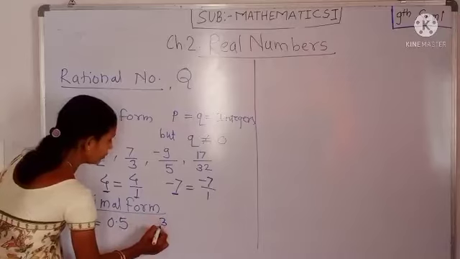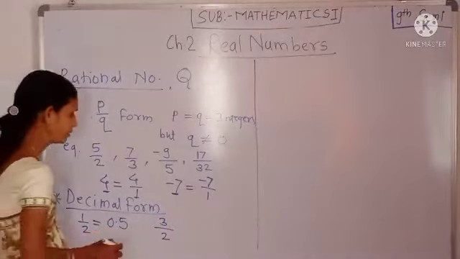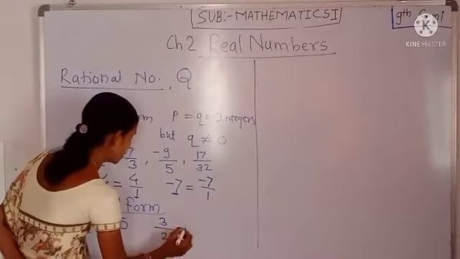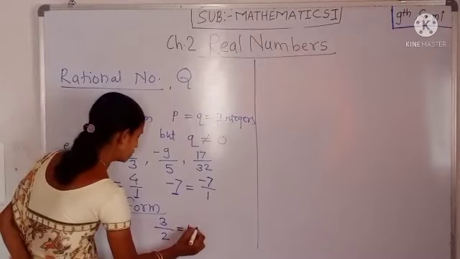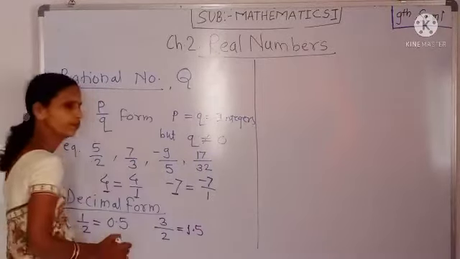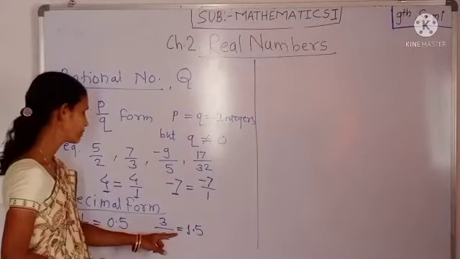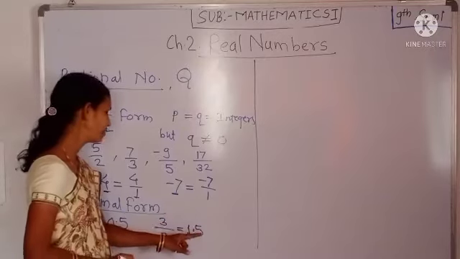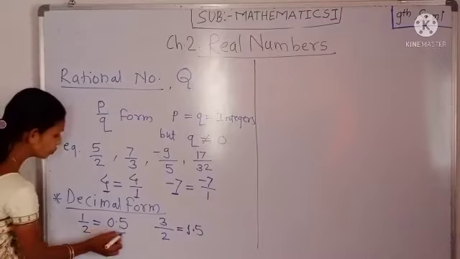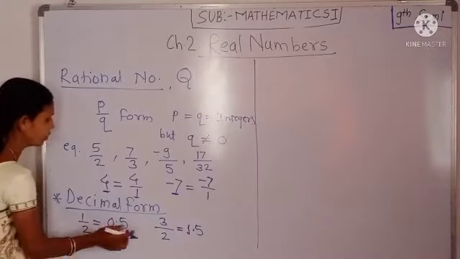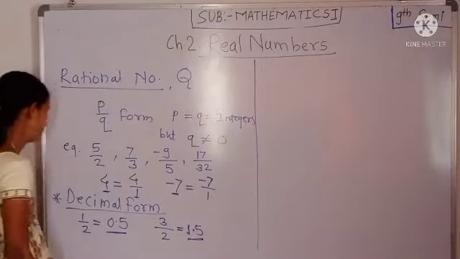Similarly, 3 upon 2 can be written as 1.5. The decimal form of 1 upon 2 is 0.5, and the decimal form of 3 upon 2 is 1.5.